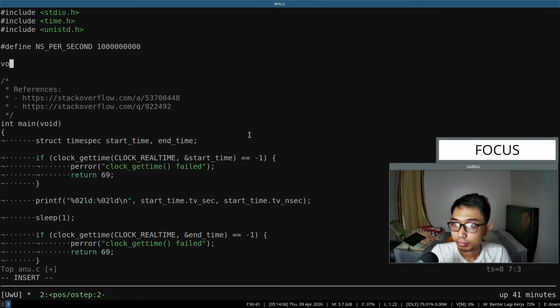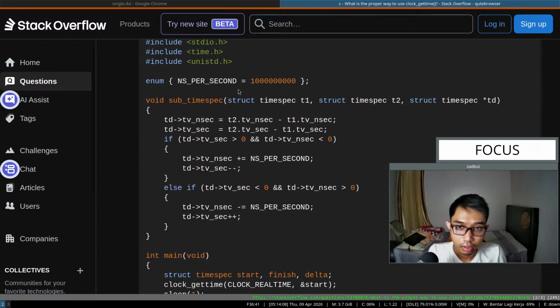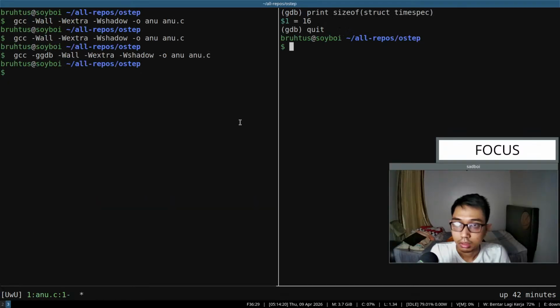Yeah. I mean, we can change this to a pointer if we want to. Because again, if we change that to a pointer, it will be 8 bytes instead of 16 bytes.